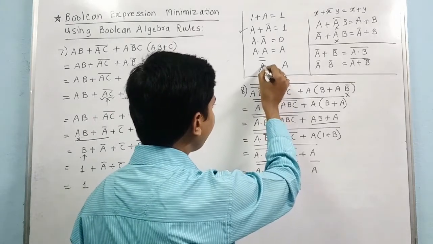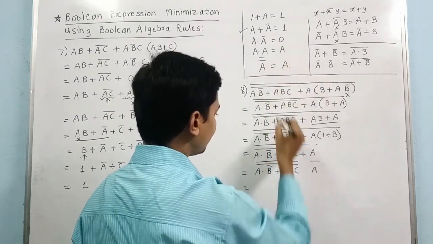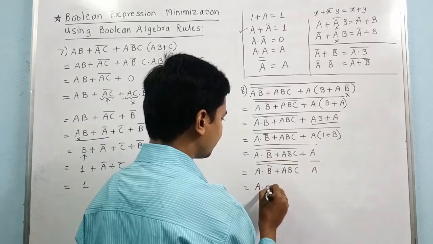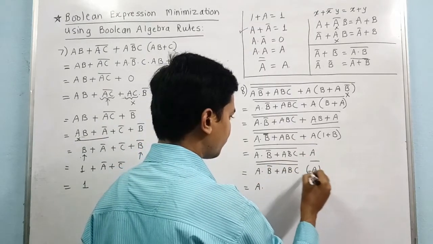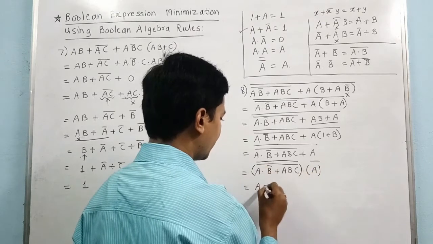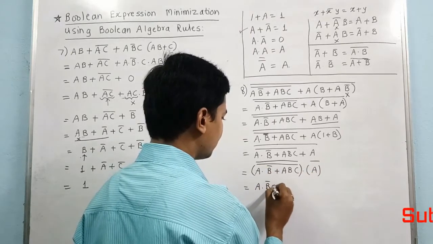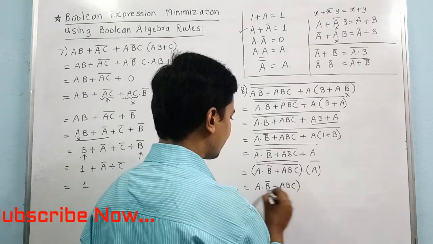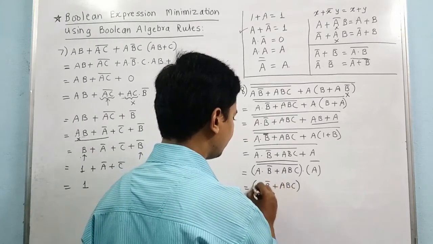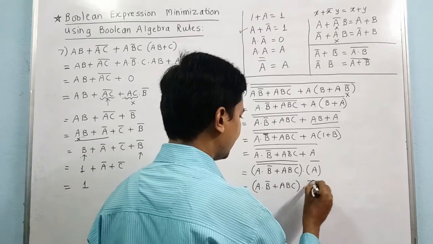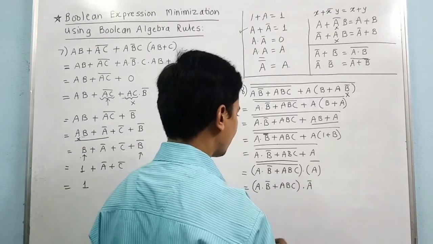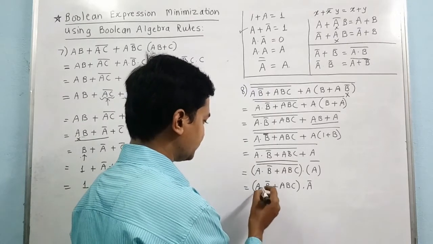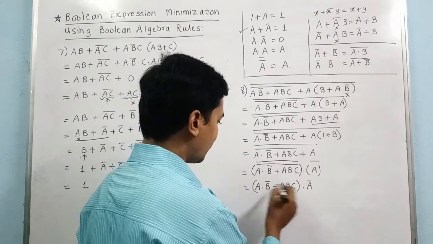Okay, so the next term is here. You can see a double bar is equal to what? A. So I will just remove this double bar and write simply a dot b bar plus abc into a bar. Okay, now I will take a term as common.